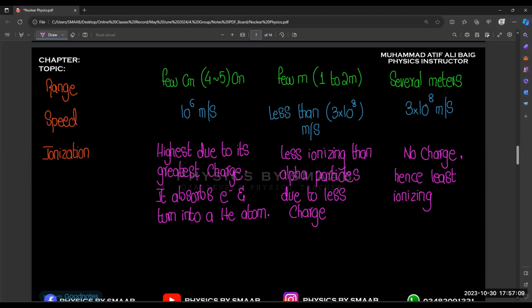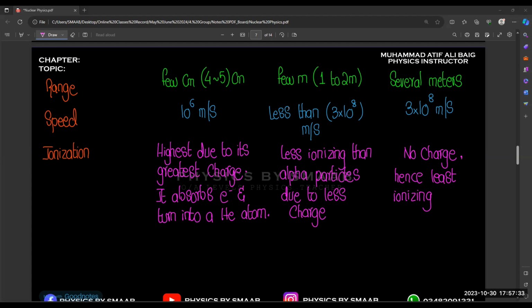So what do you think, among alpha, beta, gamma, which radiation will be affected by the magnetic and electric field? Any idea? Which type of radiation just reflects from the electric and magnetic field?